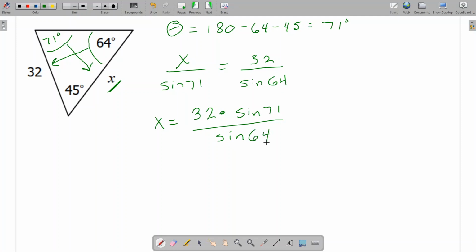And then we can do our calculation here. So we find that our side length here is going to be 33.7. So finding the side lengths here is really pretty easy and straightforward. It's not a big calculation.